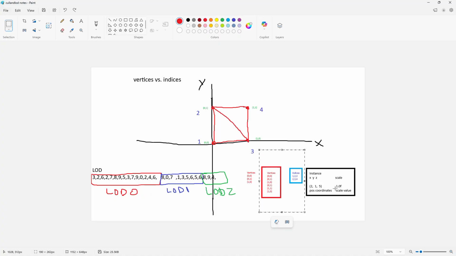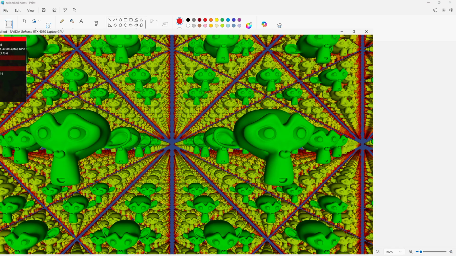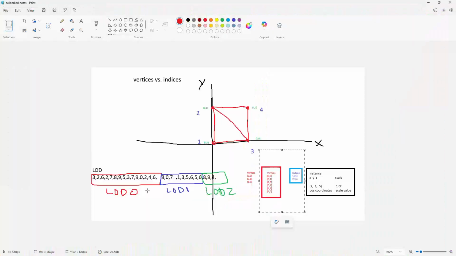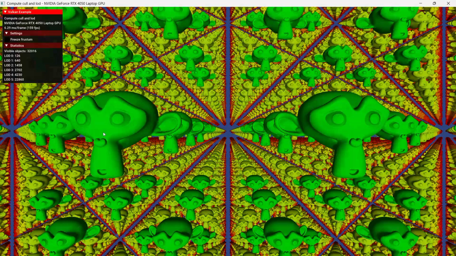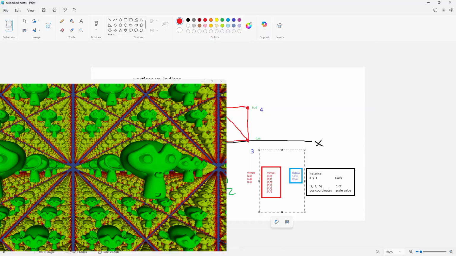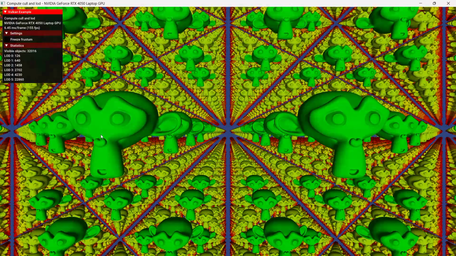You have no idea. So you just have a bunch of objects and you don't even know the number of objects that you need to build, right? Because you don't know the number of instances. You don't know the scale, whether you want it really big, really small, or whatever. You don't know the number of objects, you don't know the scale, and you don't know what the layout of the objects is.